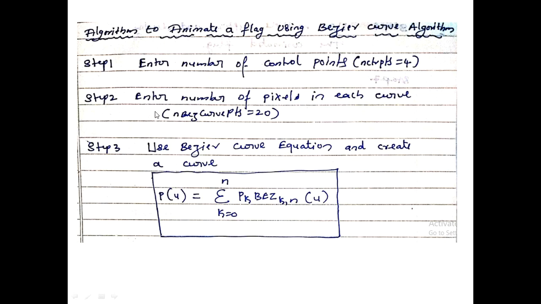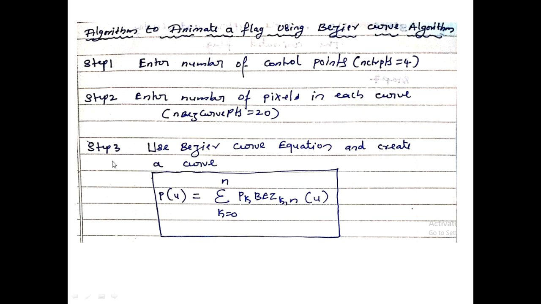Step 2 is we need to enter how many pixels there are in each curve. So we are assuming the number of Bezier curve points is equal to 20. In the program we wrote, each curve contains 20 pixels.